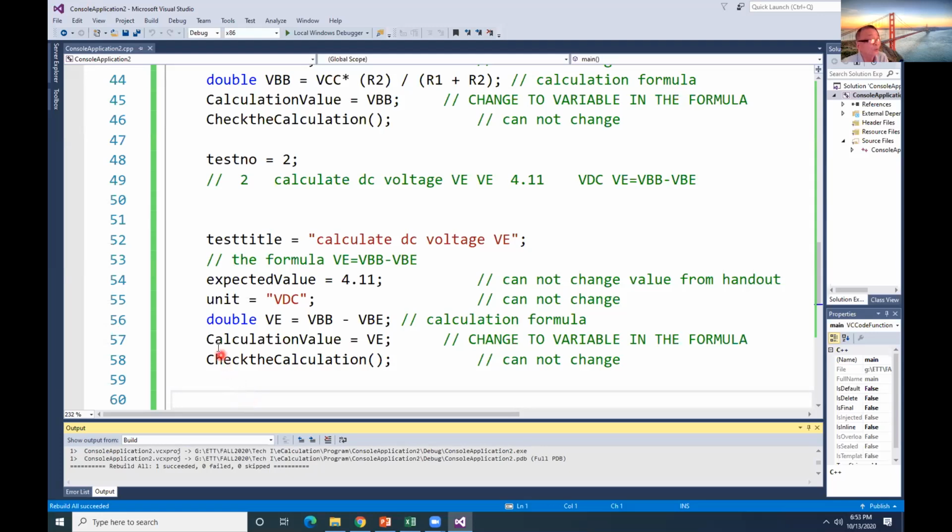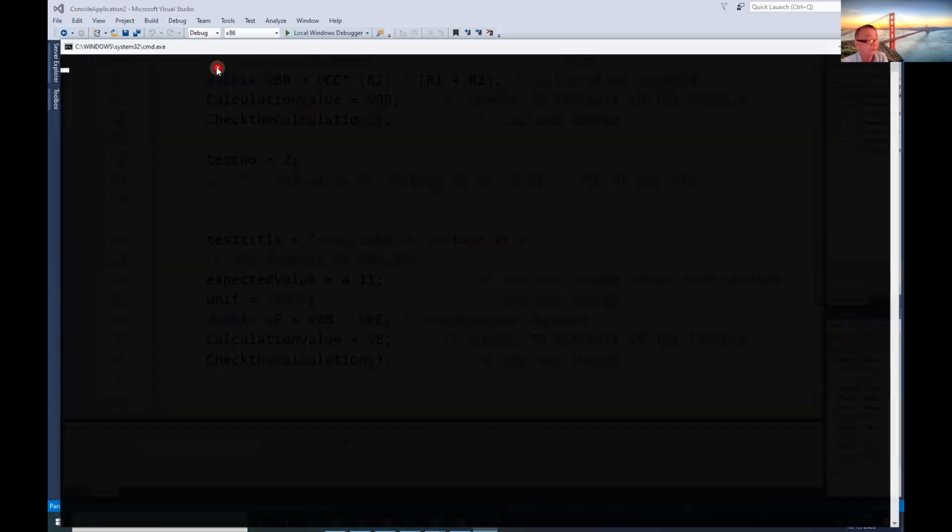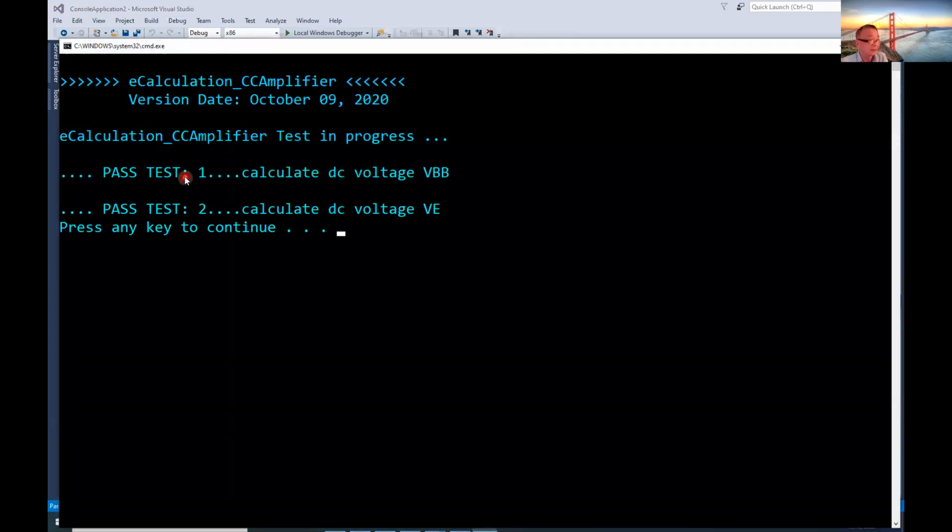Okay, successful. Run. Debug. Quit debugging. You see that? You get 2 tests and you run it.